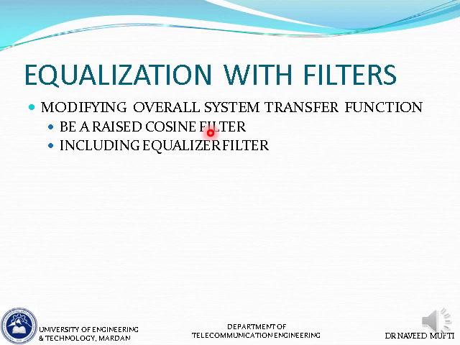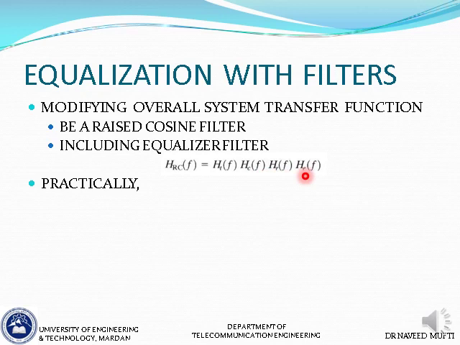Secondly, because we are using an additional piece of hardware called an equalizer, we include its transfer function in the equation. So the overall equation looks like this, where RC is for raised cosine, T is for transmitter, C is for channel, R is for receiver, and E is for equalizer. Our overall system transfer function becomes a combination of four independent transfer functions, one for each block.